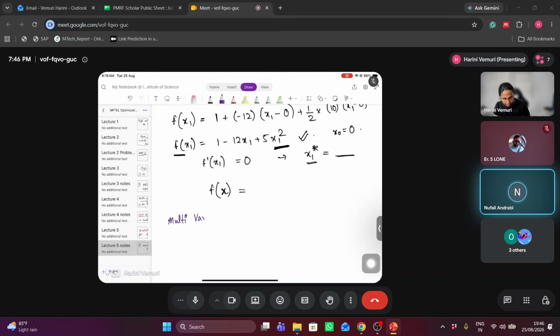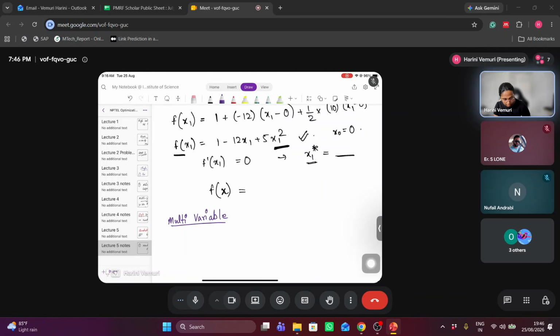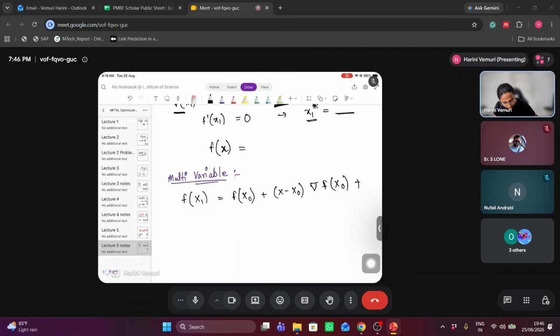In the case of multiple variables, what we have to do is f of x1 is equal to f of x naught, I'm just doing the Taylor series expansion in the multiple variable framework: x minus x naught into del of f of x naught plus 1 by 2 into x minus x naught, del square f of x naught, into x minus x naught whole transpose.